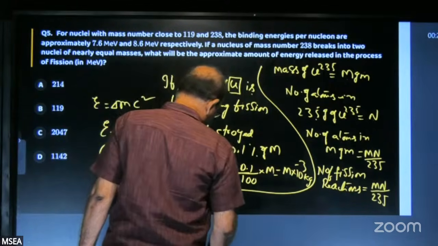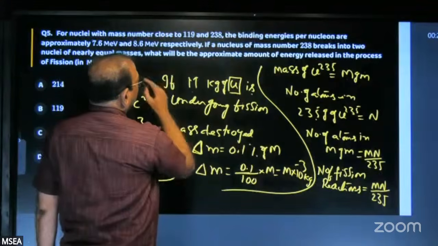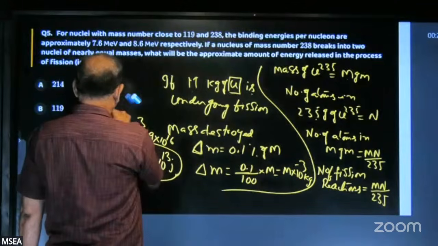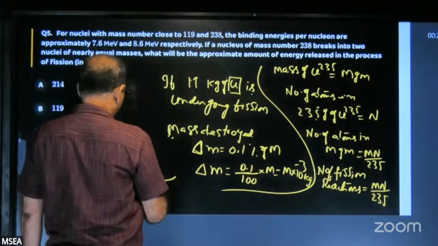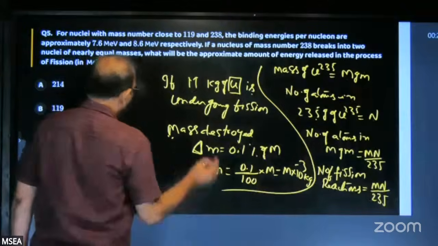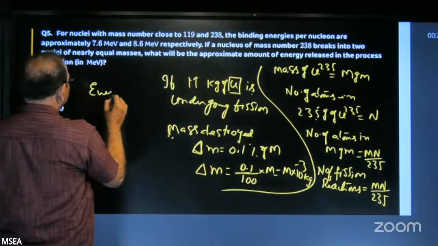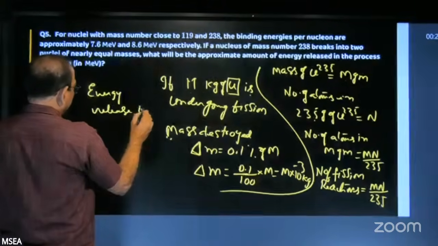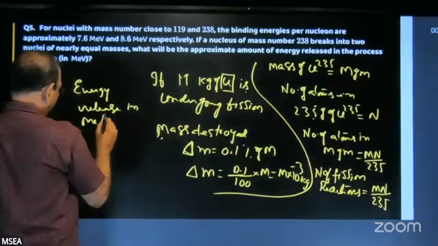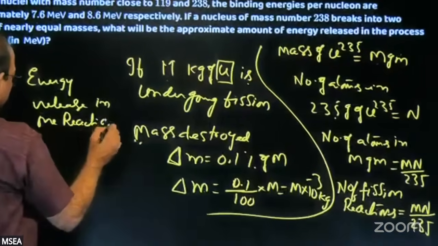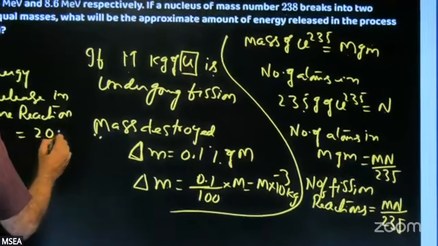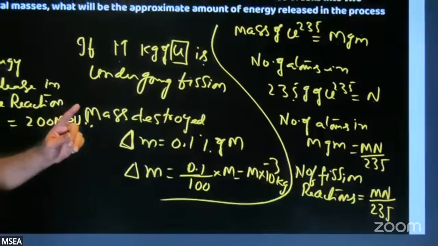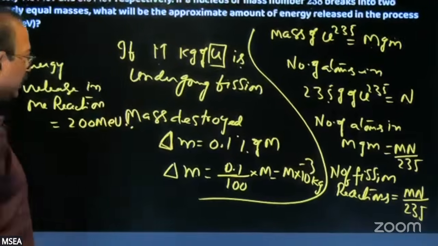And if energy released in one fission reaction is 200 MeV, sometimes they'll give energy released in one reaction as 150 MeV, some other value.